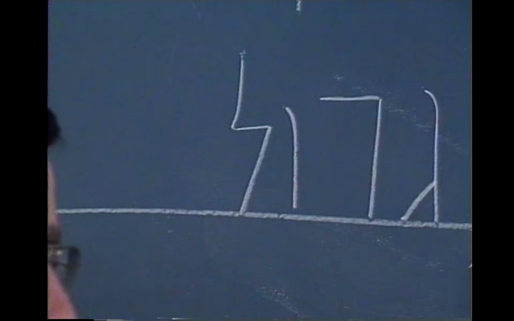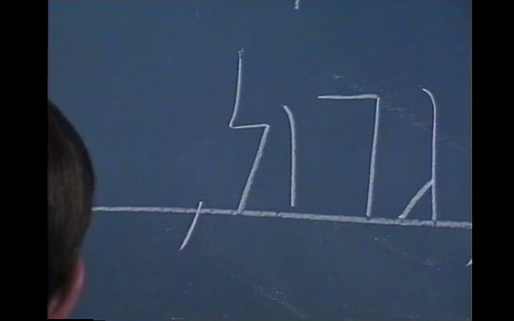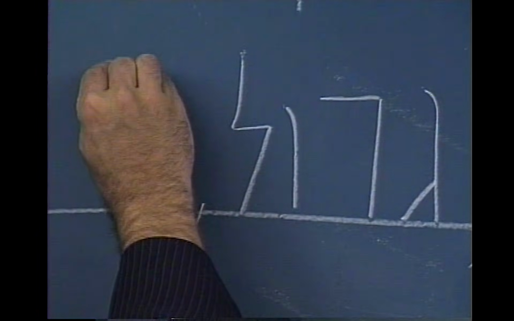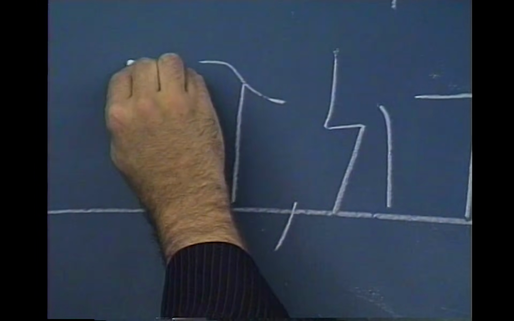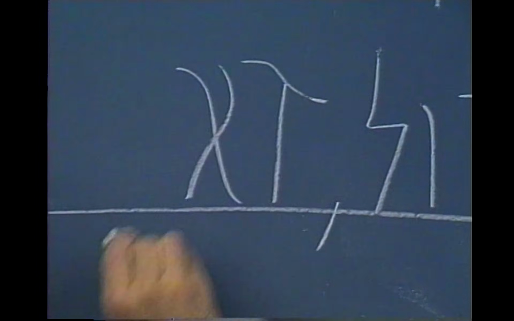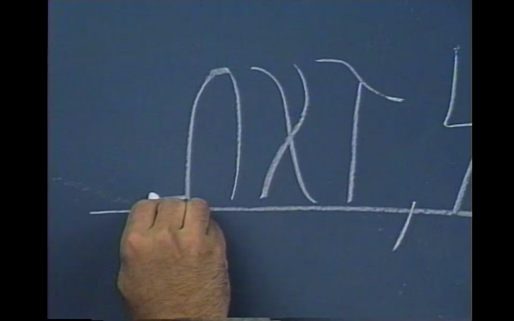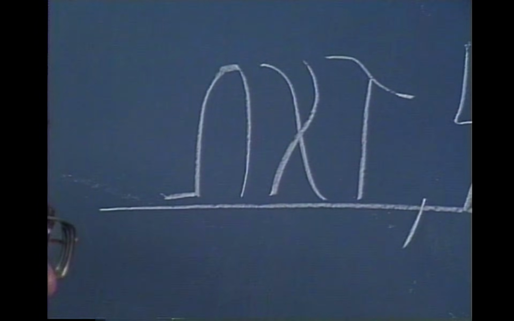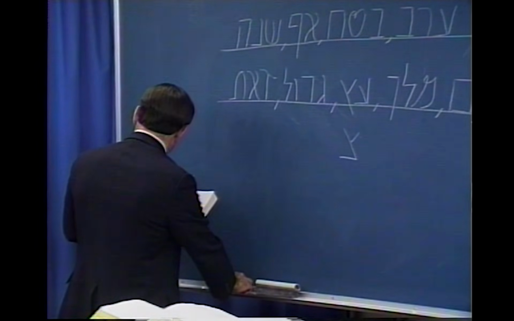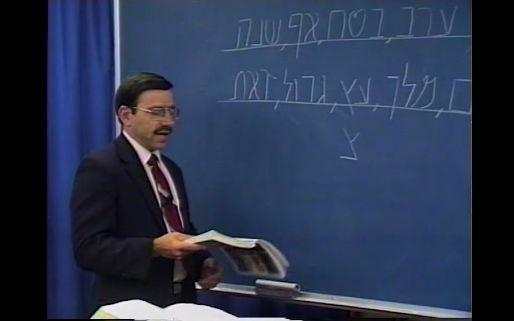All right. Once again, practice writing these and see if you're writing it like you see on the board. Then we have a zayin, an aleph, and a tav. See if you have that written down like you see it written on the board. All right, copy these exercises, review the tape if necessary.